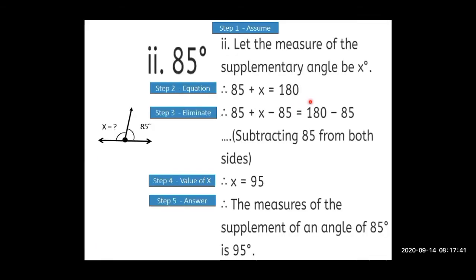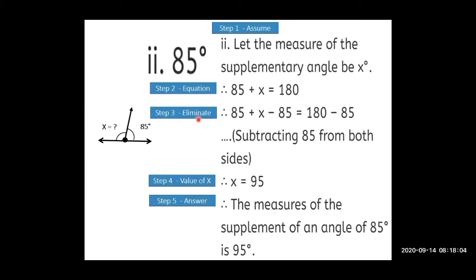Okay, now next, 85 degrees is given. Draw a rough diagram. Our first step is assume. Let the measure of the supplementary angle be x degrees. Step 2, equation: 85, the given measure, plus x, which we have to find, equals 180.